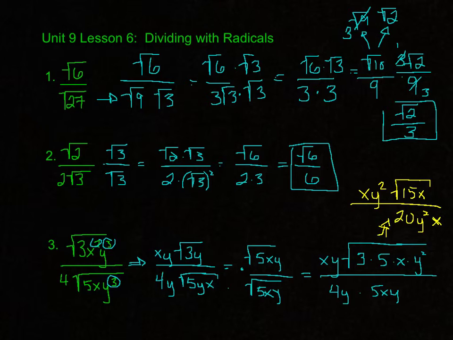And I'm done. However, I can still factor more. And by factoring, I mean by reducing. So if we look up into the numerator, I'm going to be able to see that I have some values that are the same. I have an x and an x down below, so those cross out. I have a y squared and a y squared, both on top and bottom, so those are going to cancel out.